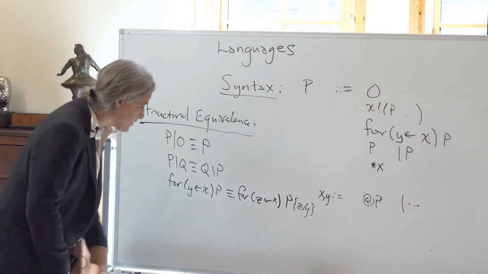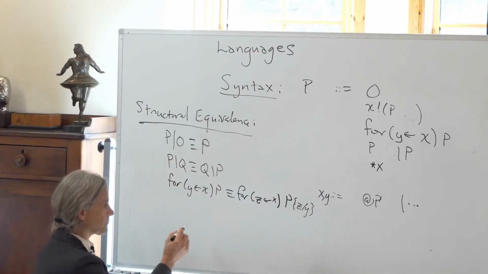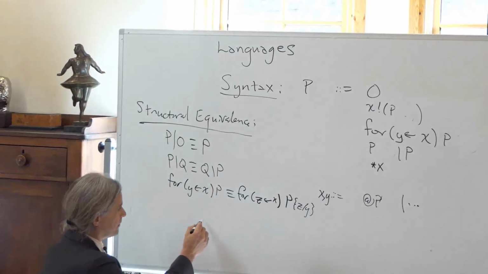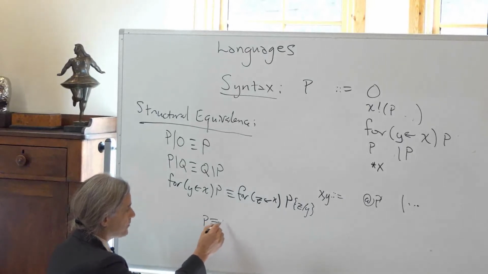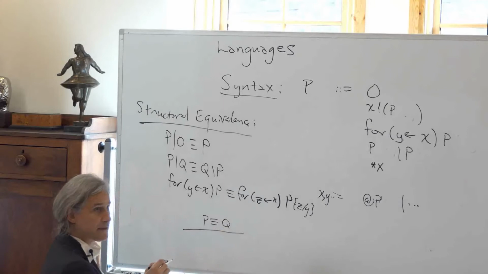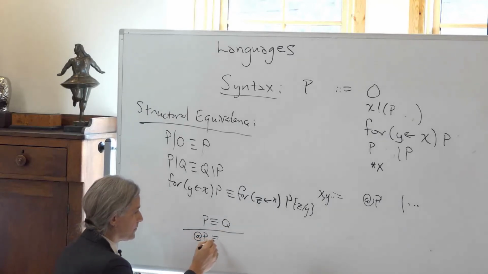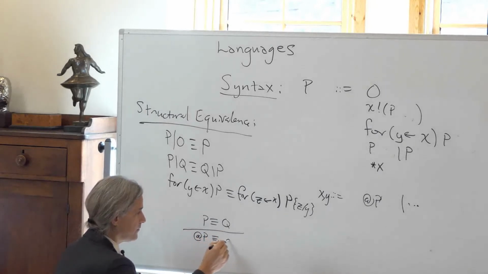Essentially, what we're going to insist is that if P is structurally equivalent to Q, then it should be the case that @P is name equivalent to @Q.